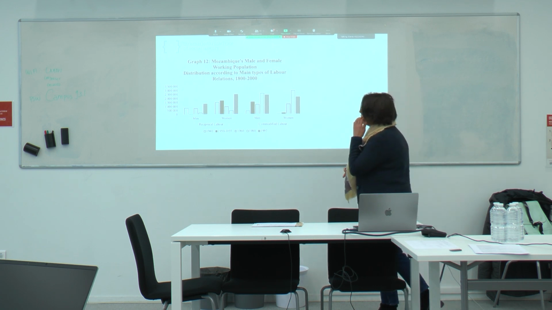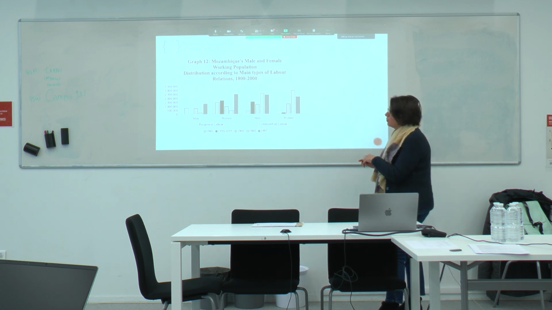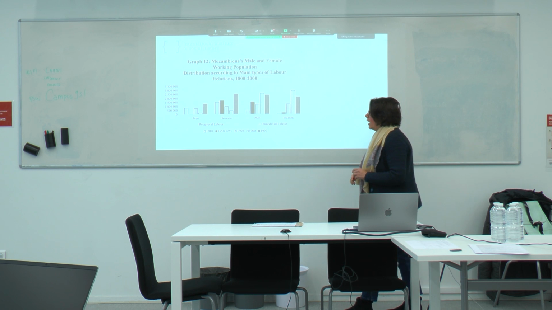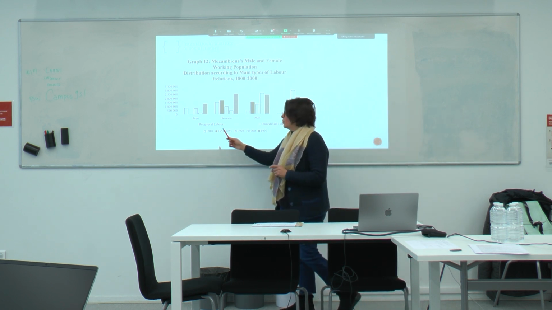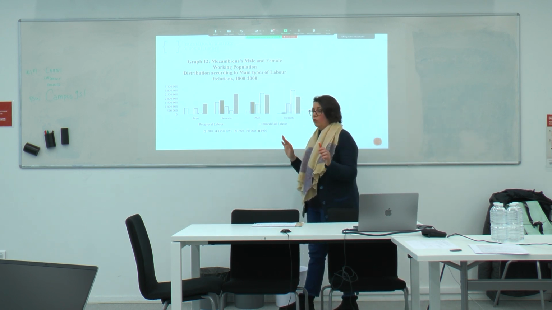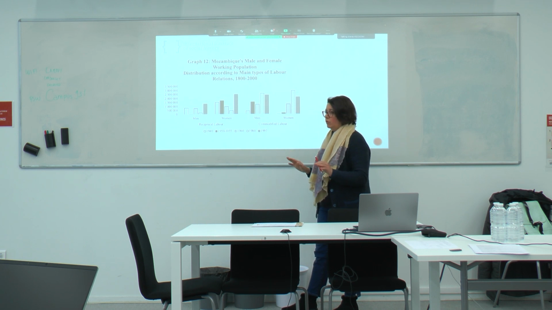And this graph gives you a comparison between men and women, which I think is the most interesting for you. And here you see reciprocal labor. I only brought two types. I didn't do the tributary labor because in the census it's very difficult to capture the tributary labor because the colonial authorities wanted to hide forced labor.